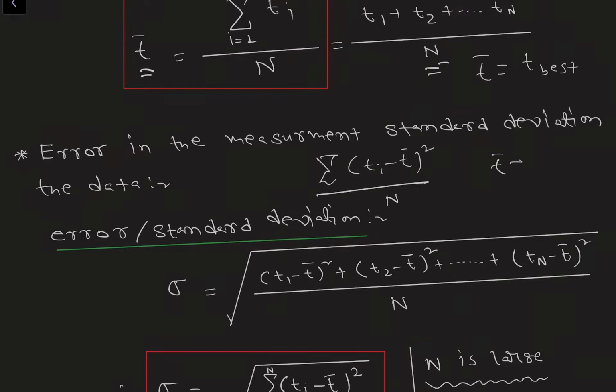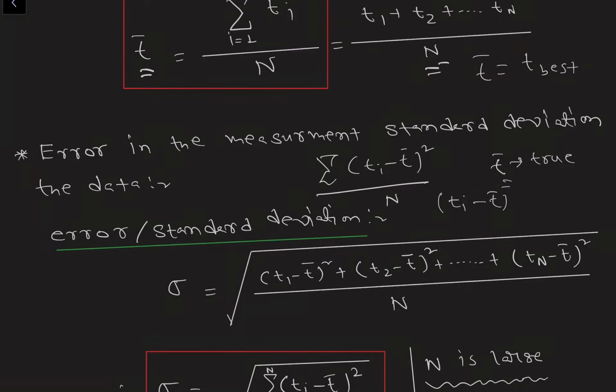So here, if we consider our T average as kind of a true value of our measurement, it is absurd, but for convenience sake, let us assume that T average gives us a true value of fall time. So T i minus T average will give us kind of an error of every ith measurement.